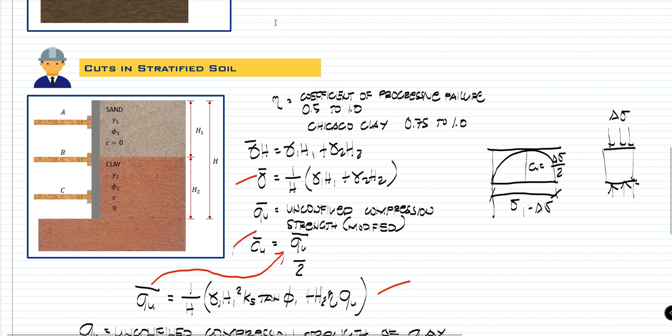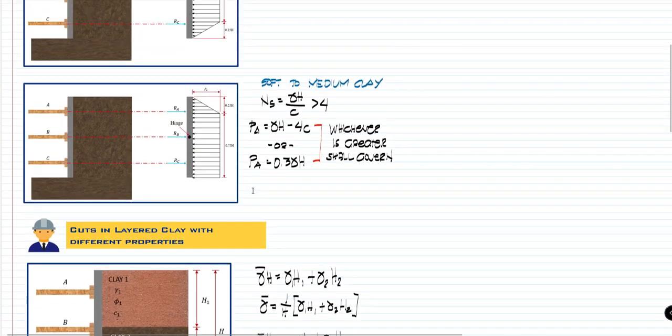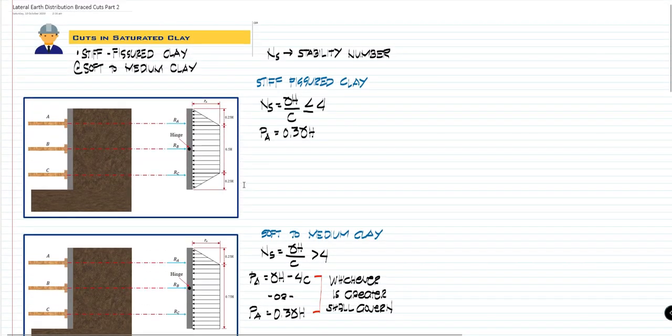So, using the gamma bar and the Cu bar, pwede na natin siyang gamitin dito sa cuts in saturated clay. Kailangan lang natin siyang i-determine if yung stability number niya is lesser than or equal to 4 para maging stiff fissured clay siya. And if the stability number is greater than 4, syempre soft to medium clay natin siya isosolve. So, depending on what type of saturated clay siya, so yun din yung type ng diagram na kung paano natin siya isosolve.